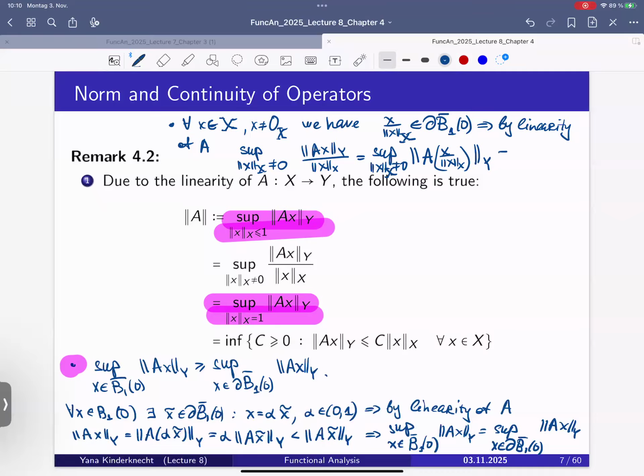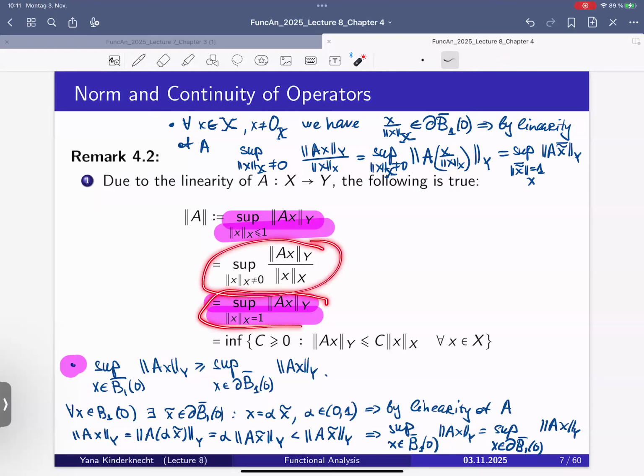Yes, but this is just a change of notation. This is the supremum over x tilde with norm equal to 1 of the norm of A x tilde. Let us call this my new x tilde. So we have shown that this is the same as this.